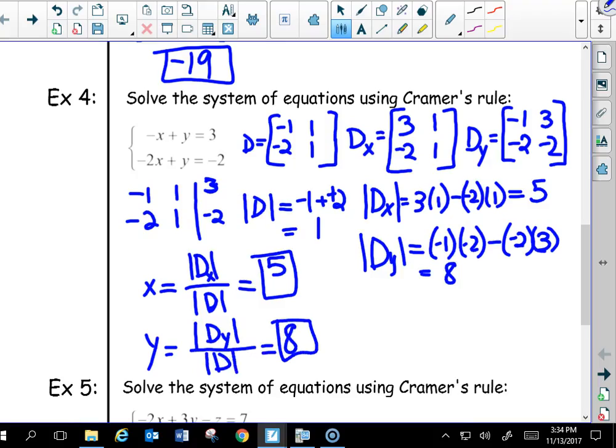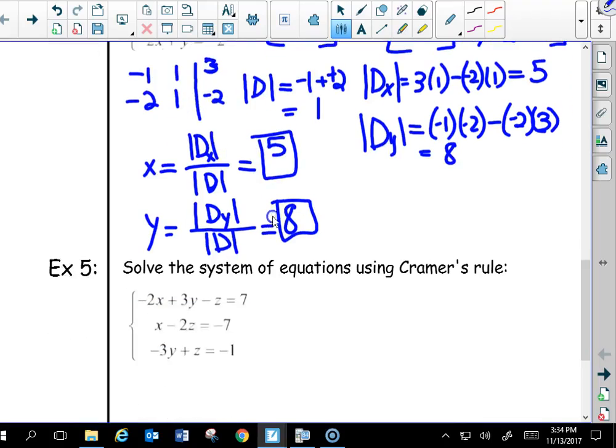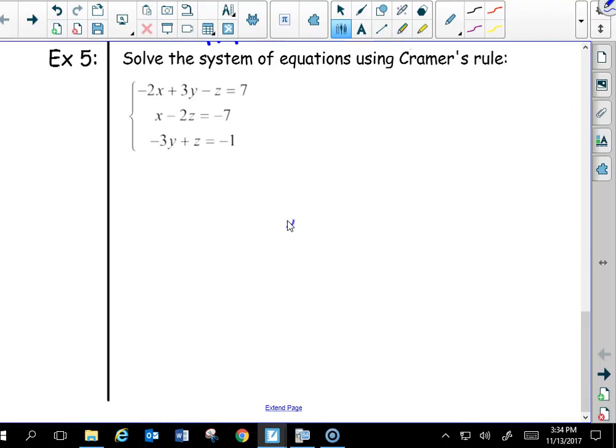Okay? All right, so we're going to do the same thing with a 3 by 3 matrix. So let's do the first thing, which is just to write the coefficients and our answers.